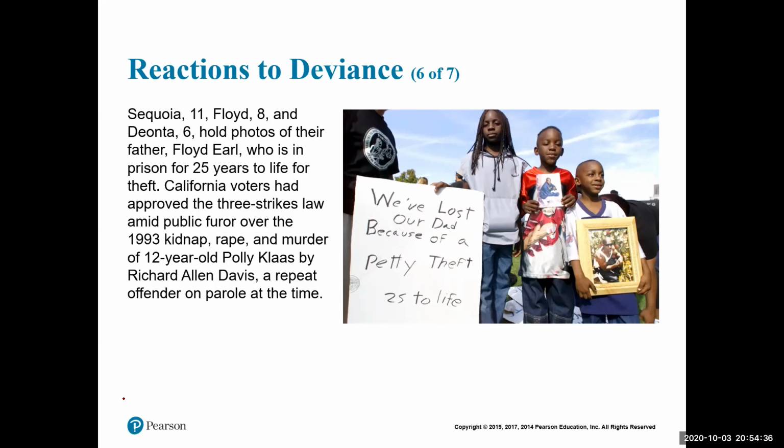And then he hurled himself out of the courtroom window, plunging to his death 16 stories below. 19 years old, basically saying, "I'm not going to serve my life in prison because of selling crack cocaine." However, is it against the law? Absolutely. But because it was his third offense, he was going to go to jail for the rest of his life. So the three-strike law actually ended up convicting nonviolent offenders.